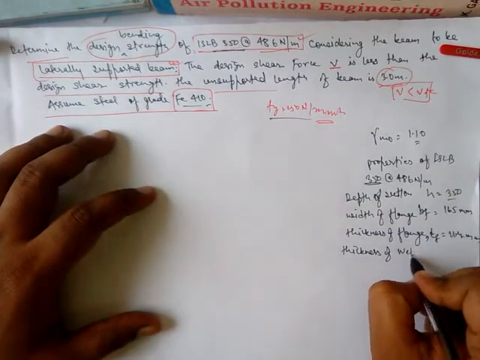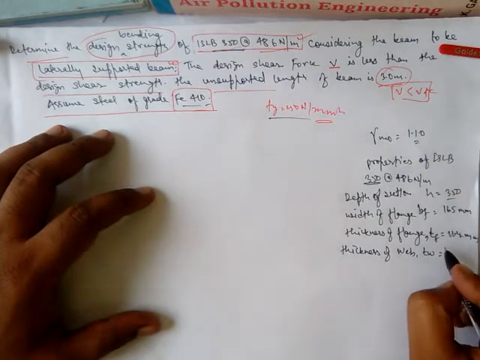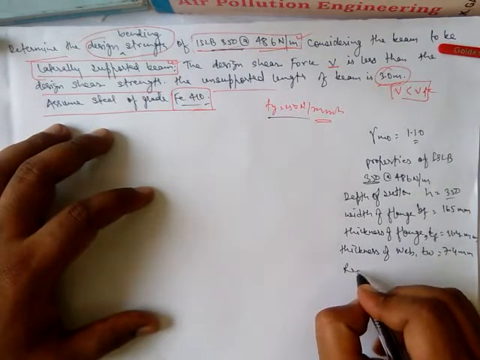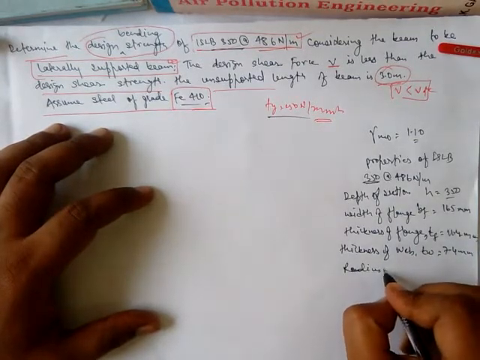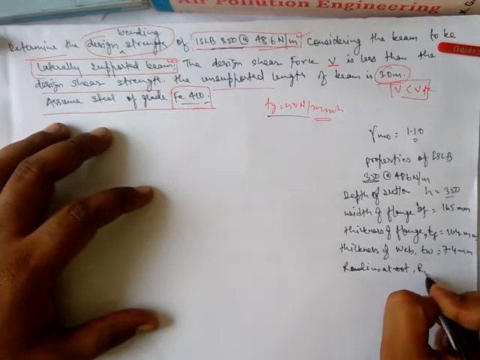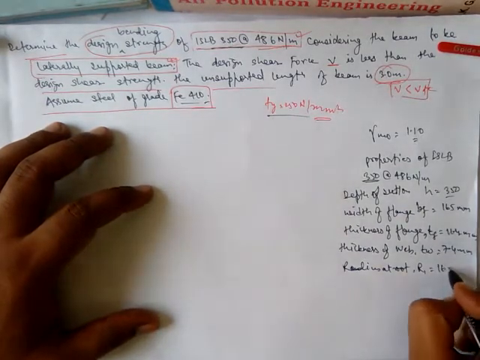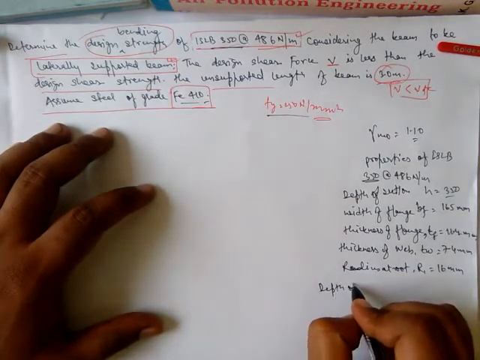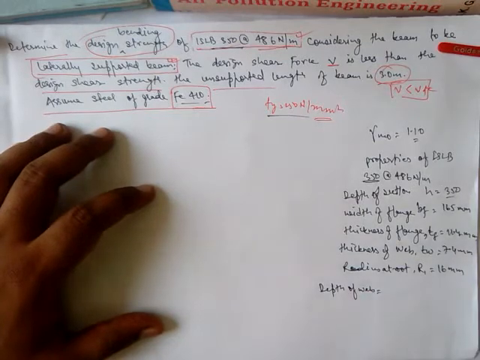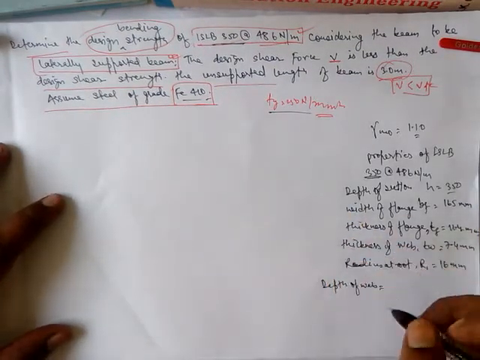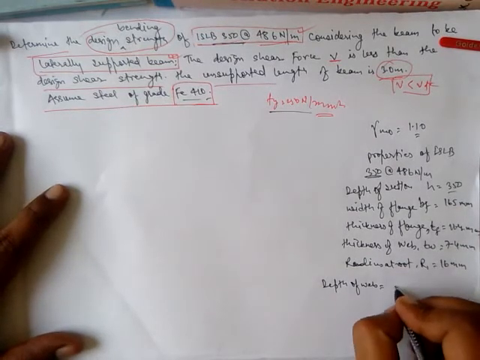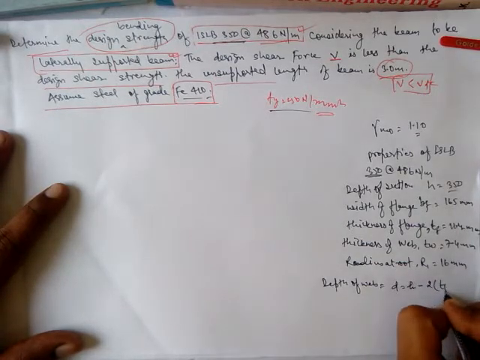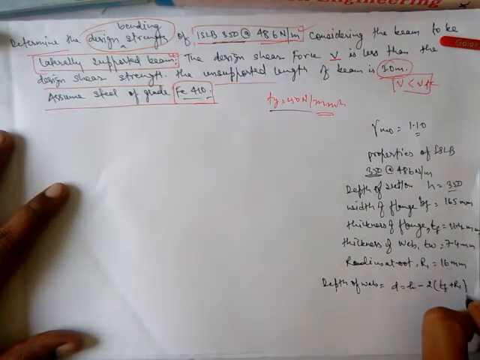Thickness of web TW is 7.4 mm. Radius at root R1 is 16 mm. Now depth of web will be D is equal to H minus 2 times (TF plus R1).